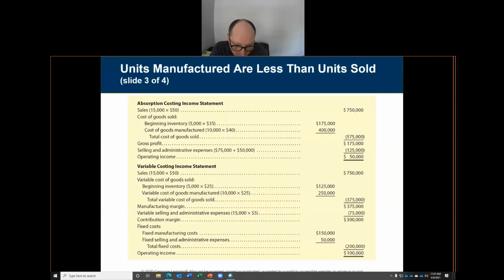Fixed manufacturing costs 150. Fixed selling administrative expenses 50. That's 200. 300 minus 200 is 100. We can see that there is a $50,000 difference between absorption costing and variable costing. We can also see in this case that variable costing is higher by that 50,000.